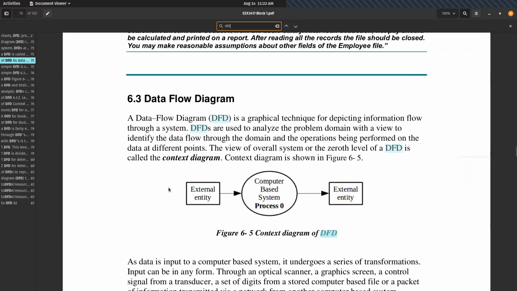You understood what the entity is. Now, in a data flow diagram, there are two entities, and how data flows between two entities.